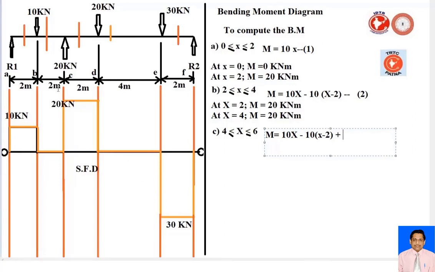The load is our 20, and it is in the upward direction here. So now I will say here plus 20(x minus 4). This is our third equation.